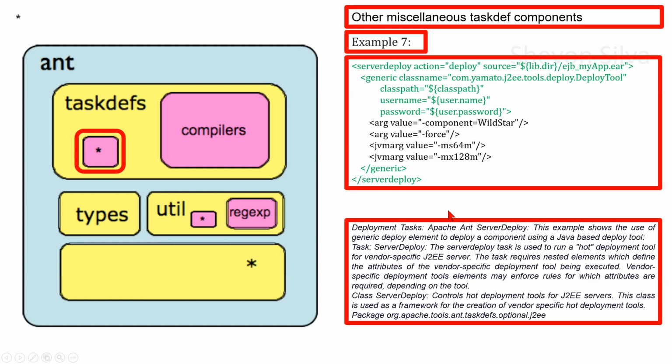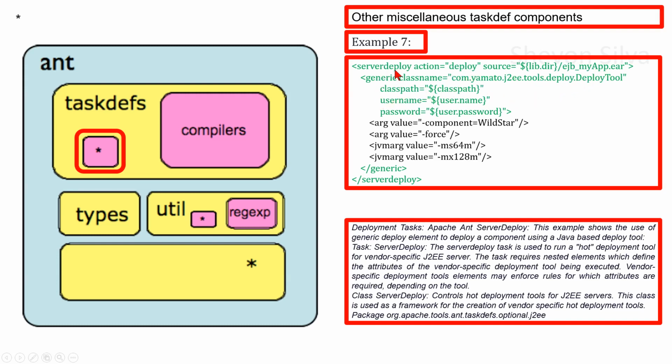Now we are considering Apache Ant server deploy in deployment tasks. This example shows the use of generic deploy element to deploy a component using a Java-based deployment tool.